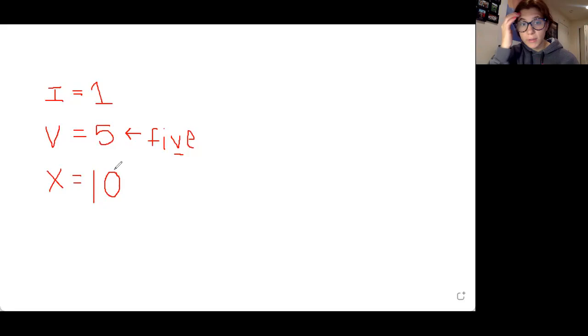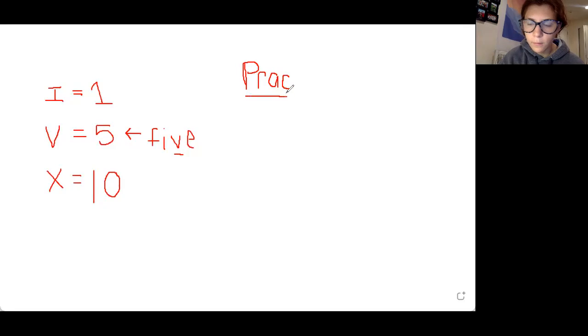So quickly with these, we'll do a little practice and then we'll learn some more. For example, when forming Roman numerals, if I just wrote I, that would be 1, as we learned. But if I put another I to the right, that means we add them together.